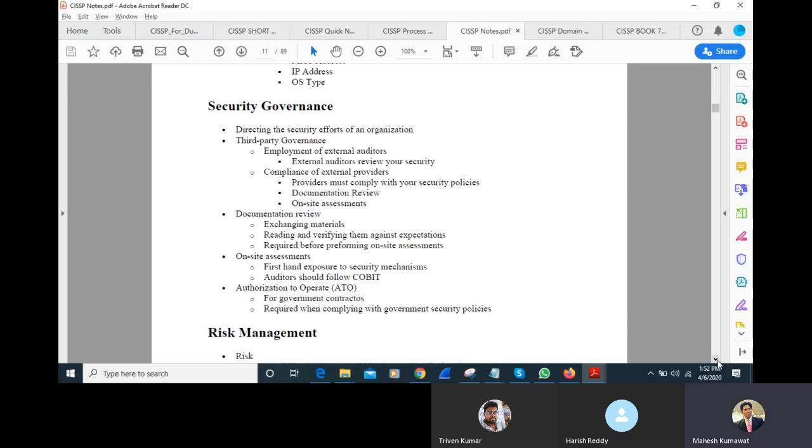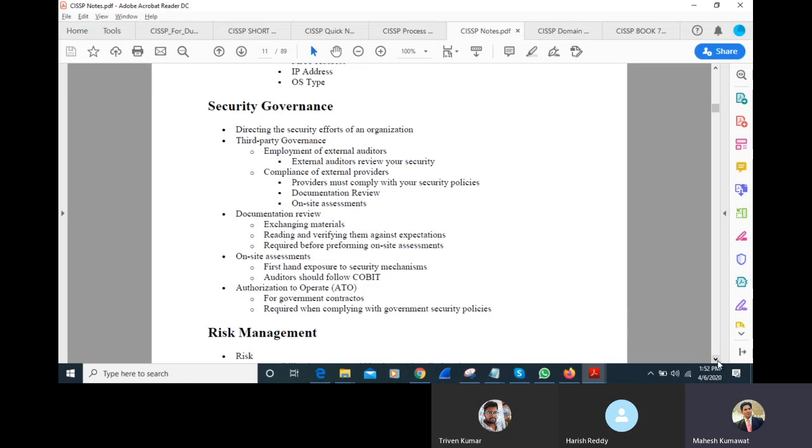Another term is security governance: directing the security efforts of organizations. Third-party governance: employment of external auditors to review your security. External providers must comply with your security policies.